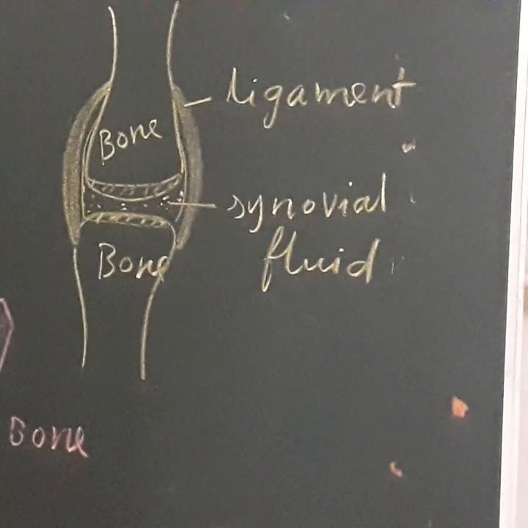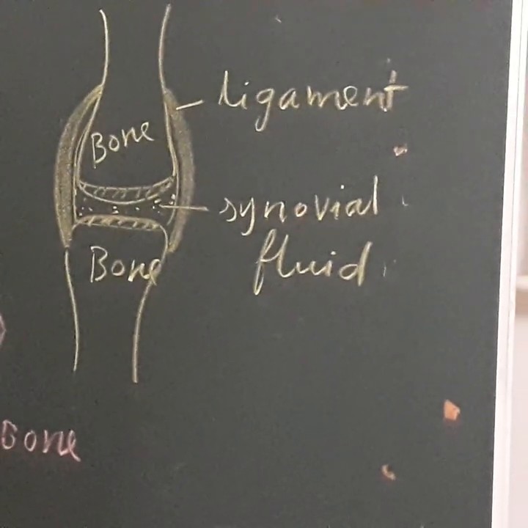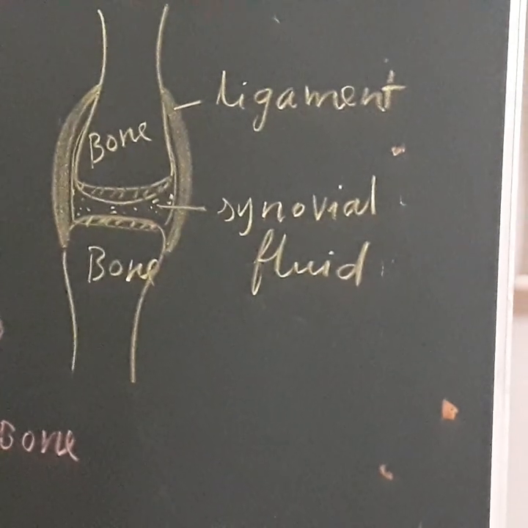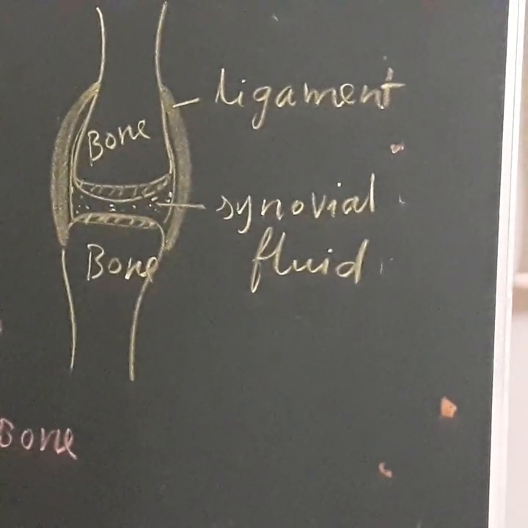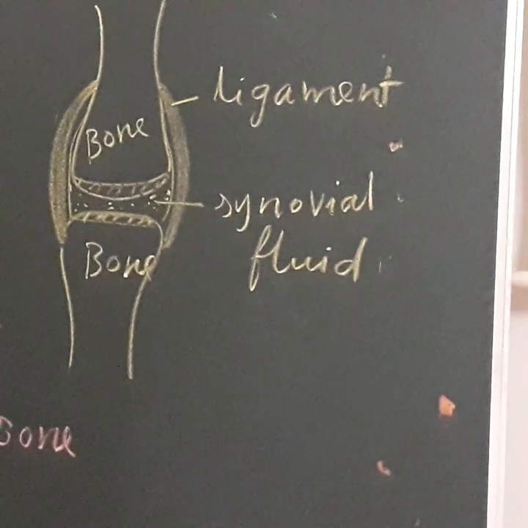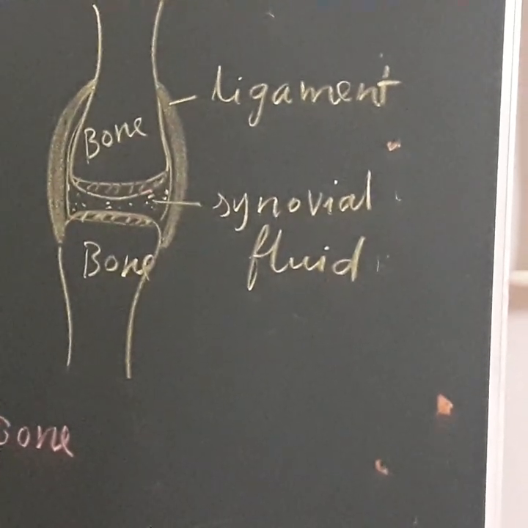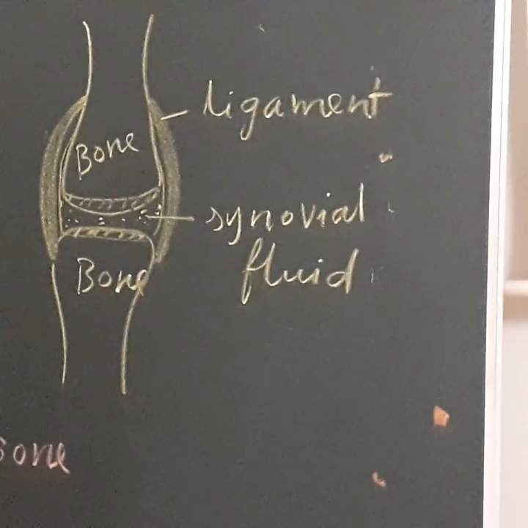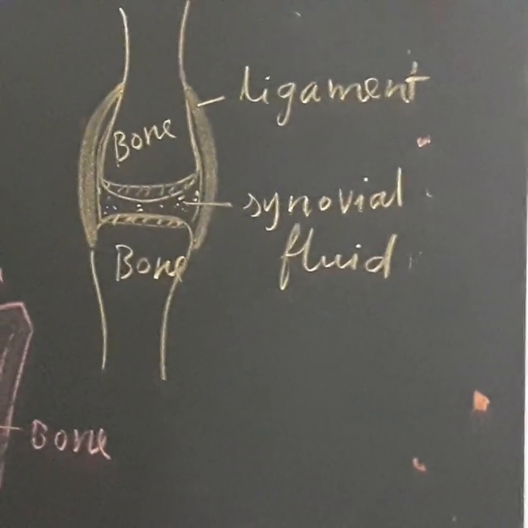Between these is the synovial fluid, and that fluid prevents the friction between the two bones and also prevents the rubbing of the two bones.